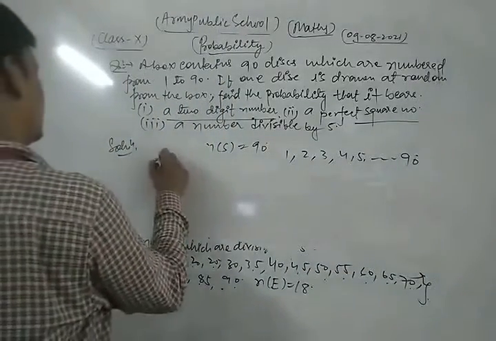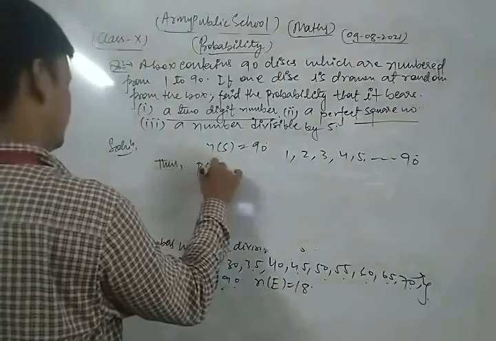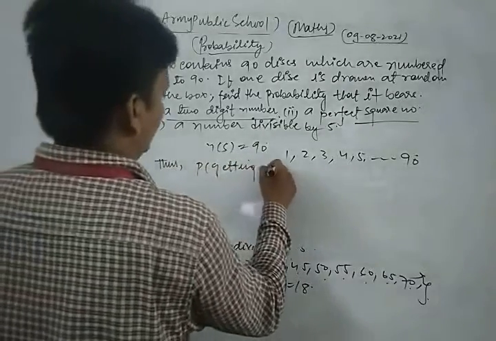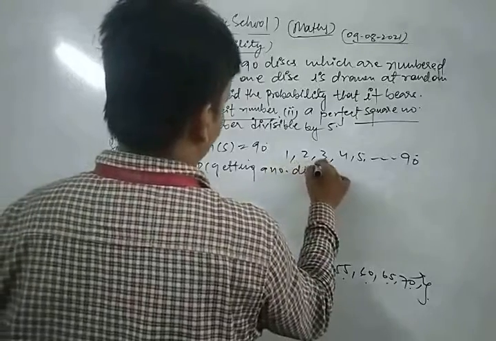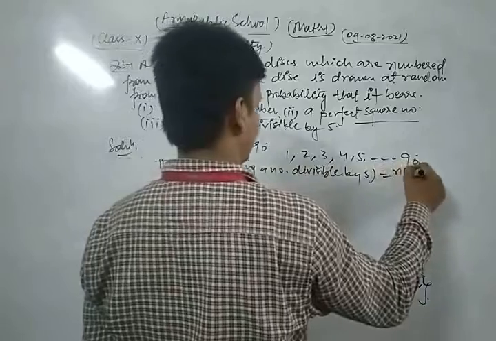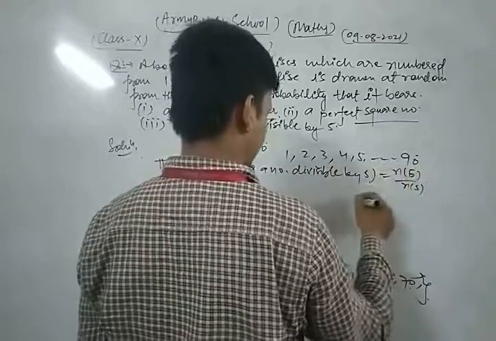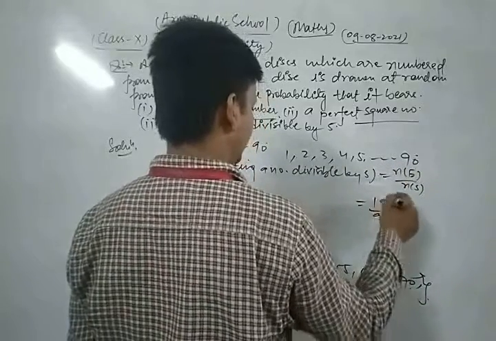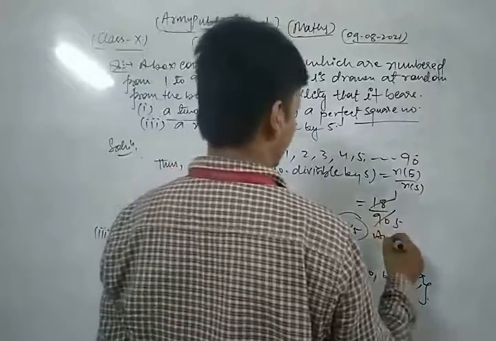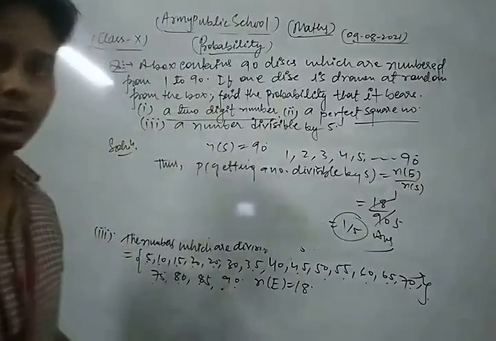Thus the probability of getting a number divisible by 5 is E upon N, that is 18 upon 90. 18 fives are 90, that is 1 upon 5. This is the required solution of the last part of this question.